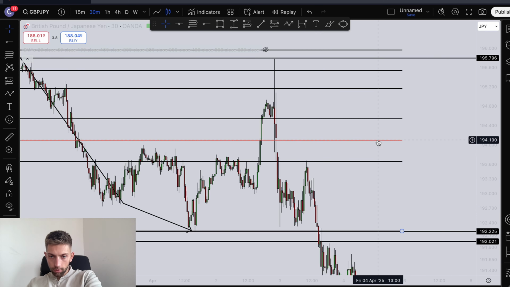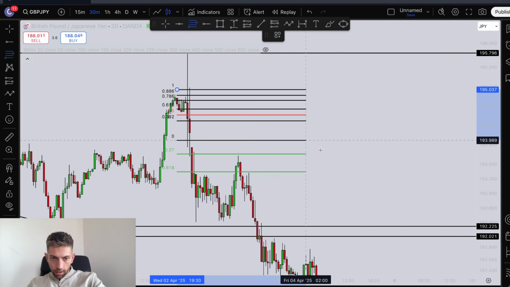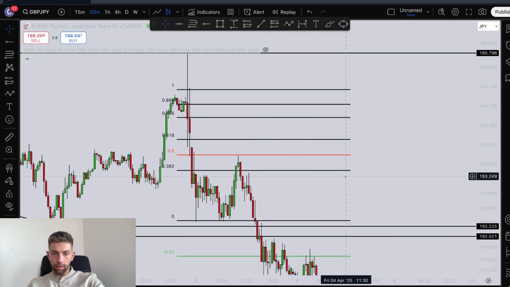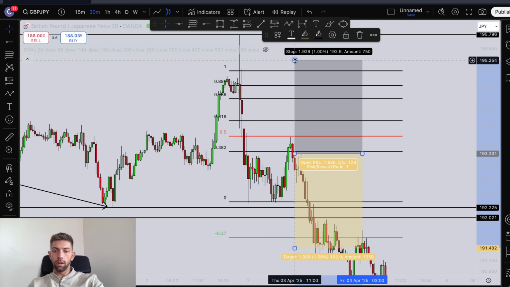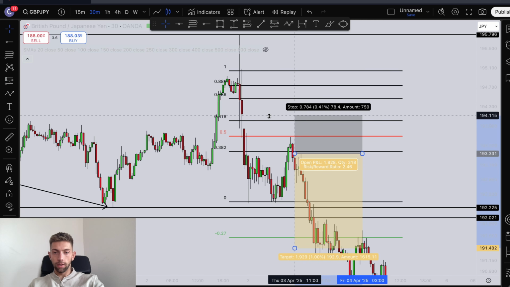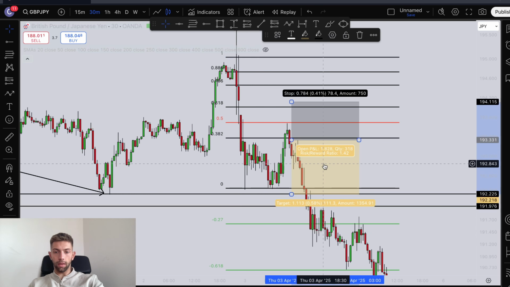So let me delete this fib and use this fib. I want to see at least 38.2%, which happened right here. So I can enter right here. I'm not going to go into entry, as I said in this video. Stop loss and target these lows again.